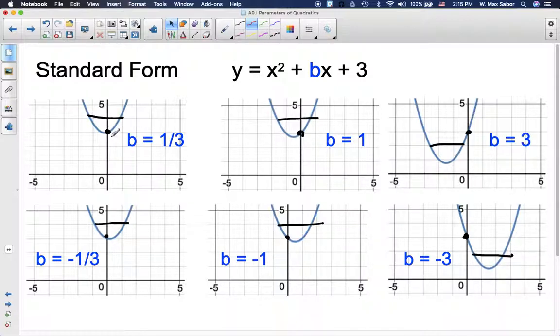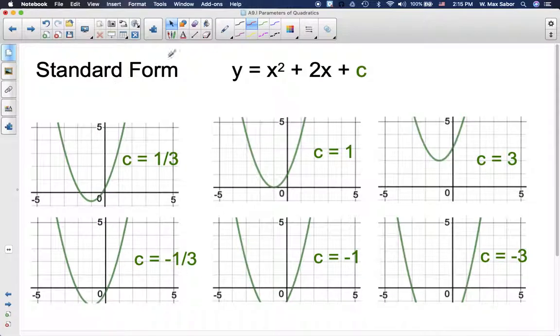Now, what's different is their slopes. So you see the slope is getting bigger among the positives and more negative among the negatives. So that's what's changing. The vertex definitely moves, but it's not quite as obvious how that moves. The slope is what's changing there.